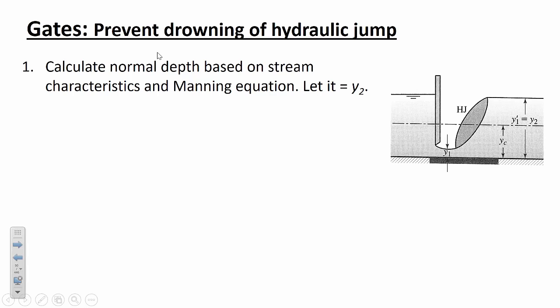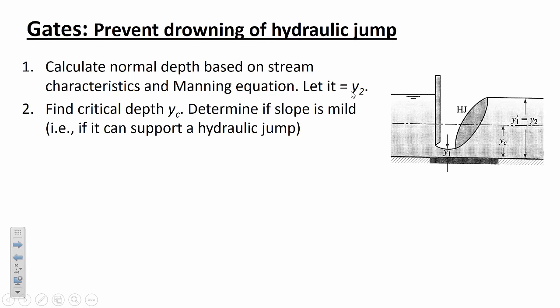What we're going to do in that example is, first of all, find out, based on the downstream flow characteristics, what's the normal depth. So we're going to say that normal depth downstream is Y2. And then we'll calculate the critical depth to see whether or not a hydraulic jump can be supported.